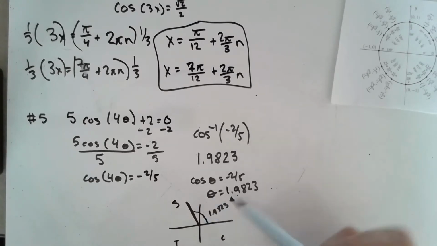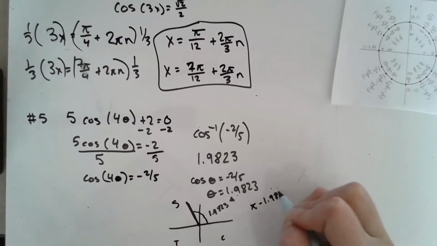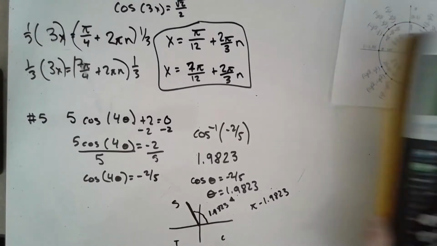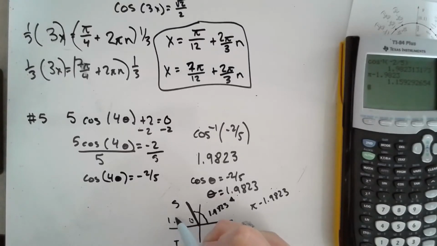That's why I kind of guessed 1.9 was over in this quadrant somewhere. Okay. If we find our reference angle, that's going to be pi minus 1.9823. So this reference angle right here is 1.1593.